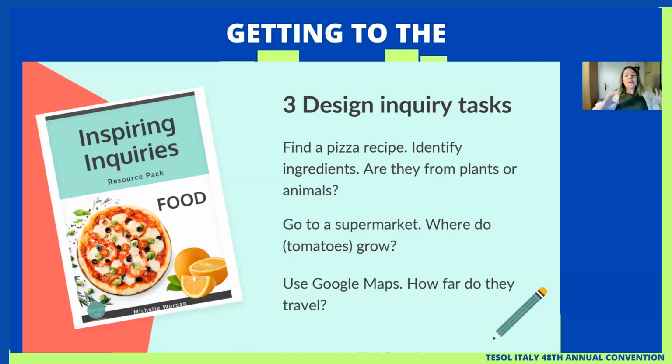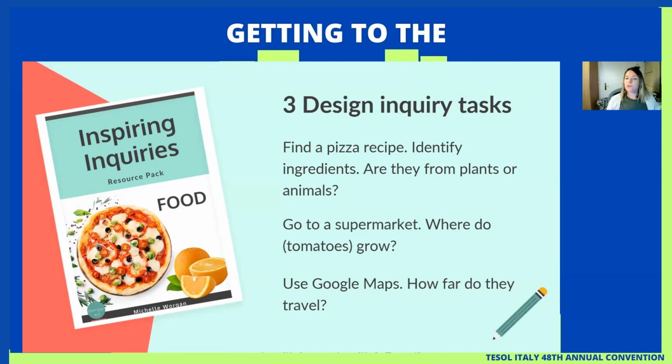So we were thinking about pizza, and the first thing I might have them do is to identify the ingredients of a pizza. So they can find a recipe and think about what ingredients they need and then where these ingredients come from.